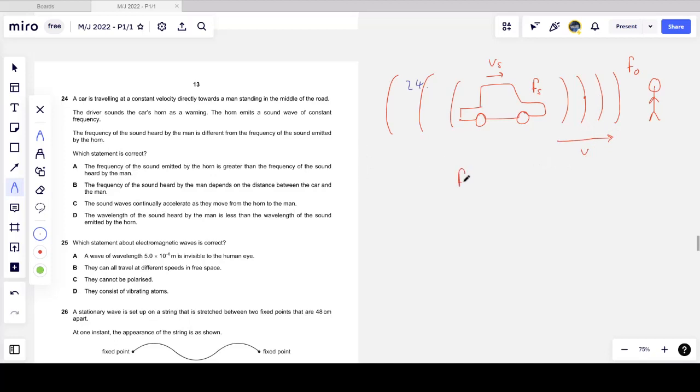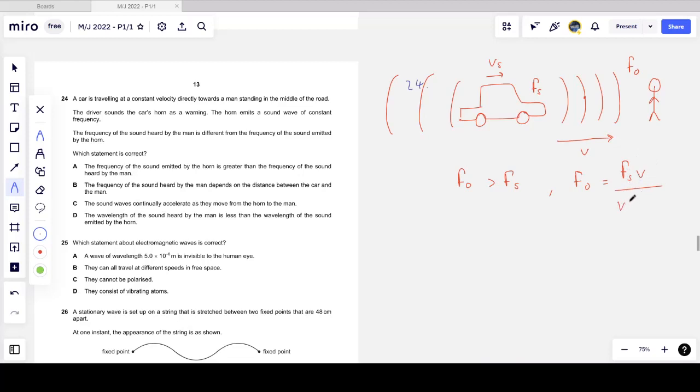Now the frequency observed by the person in the middle of the road, since the car is traveling toward them, Fo, must be larger than Fs. And if we go to our data sheet, we know that for the Doppler effect, the observed frequency is the frequency of the source times the speed of sound in air divided by v.